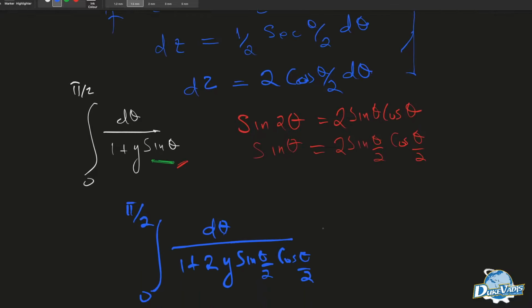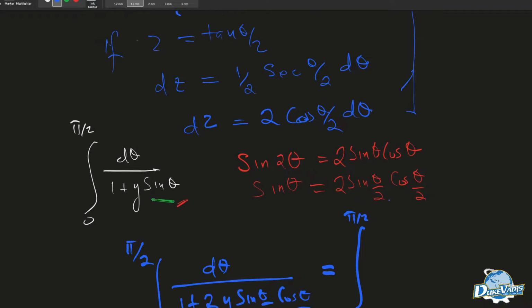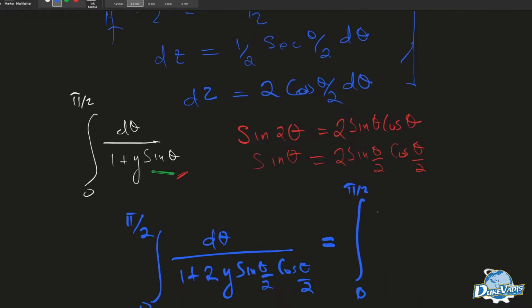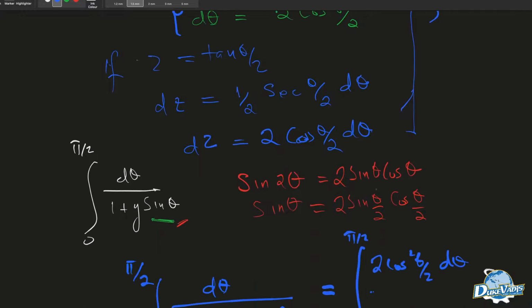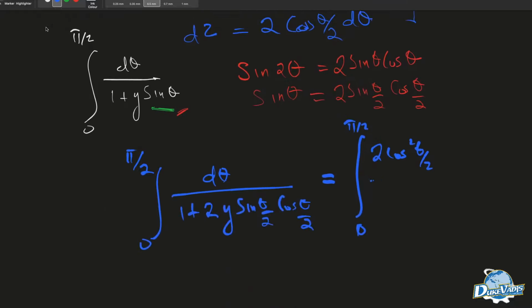It will be 2 times the integral from 0 to pi over 2 of cos squared theta over 2 dz, all over 1 plus 2 sine theta over 2 cos theta over 2.